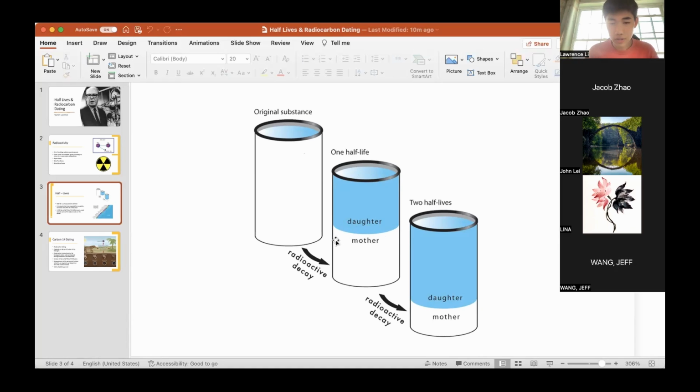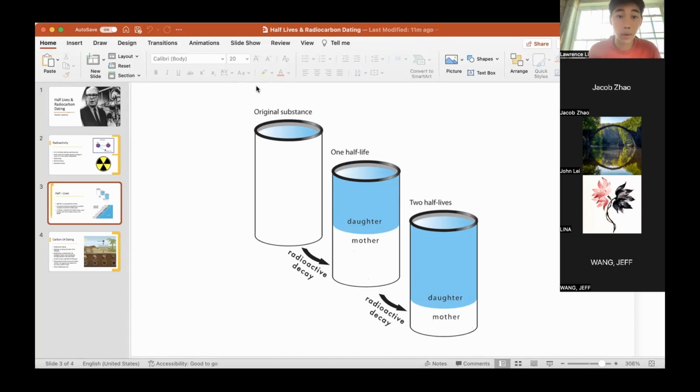And now, if we take the half-life of what is left of the white thing, then we get this last jar right here. Over time, you're taking half of the white substance every time you take a half-life. Let me get the annotation out.